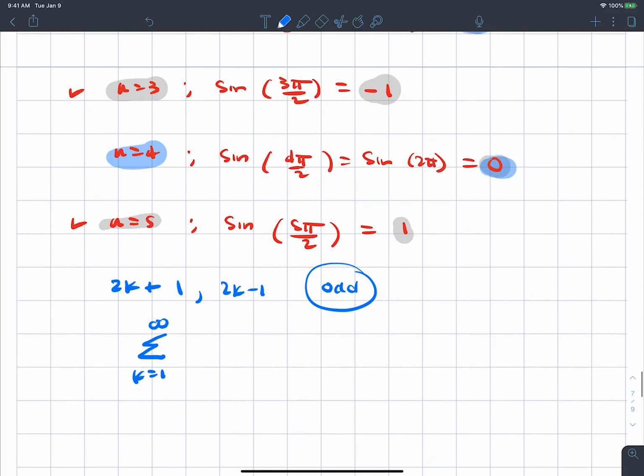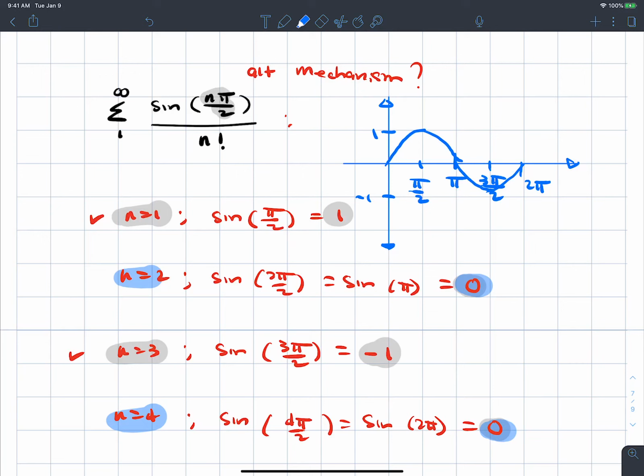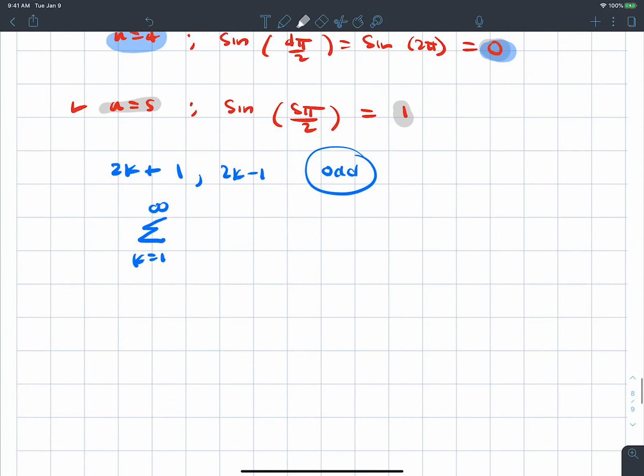And I'm going to replace this portion down here, this n factorial, with the definition of an odd number, because if I didn't, only the odd numbers will be nonzero. Half of them will be 0. So I'm going to use 2k plus 1. So this will be now 2k plus 1, and then that'll be factorial.